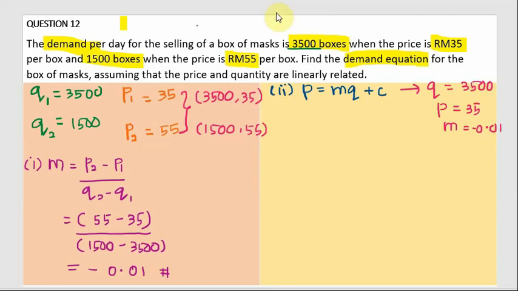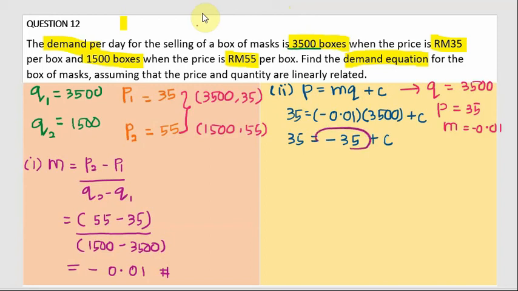So here we have 35 equals negative 0.01 times 3,500 plus C. So we have 35 equals negative 35 plus C. Now bring negative 35 to your left. Then you have 35 plus 35 equals C. What is C? C is 70.